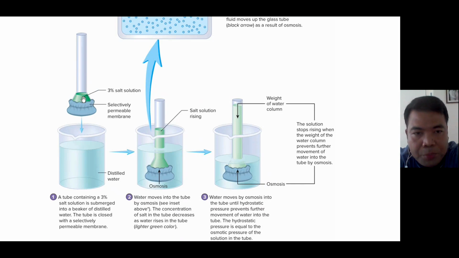So when we say 3% salt solution, that's 3% salt plus distilled water. Now, the bottom of this cylinder is actually open and it is just covered with a selectively permeable membrane, just like our cell membrane. So, itong selectively permeable membrane na to will allow only water to pass through, but not salt.